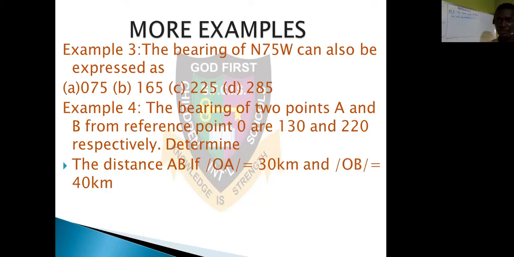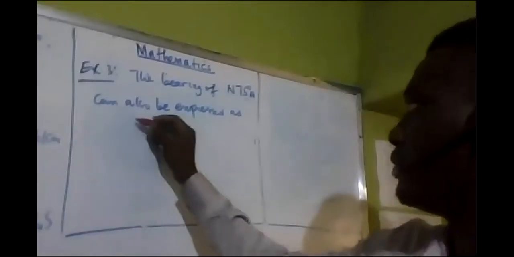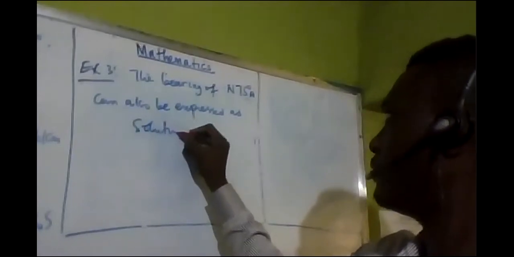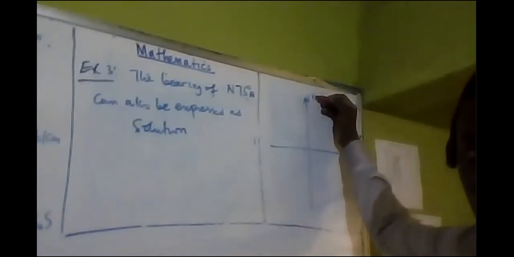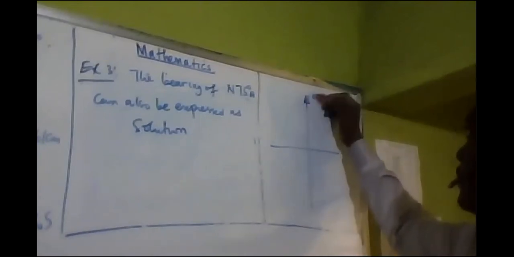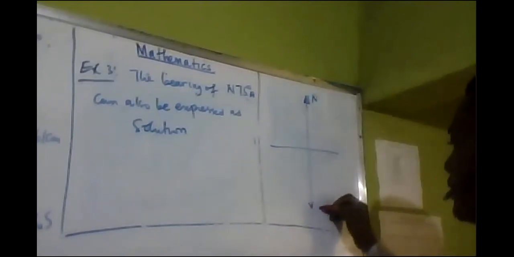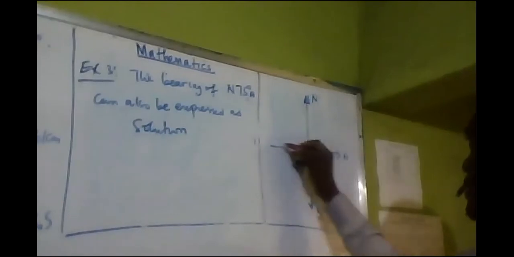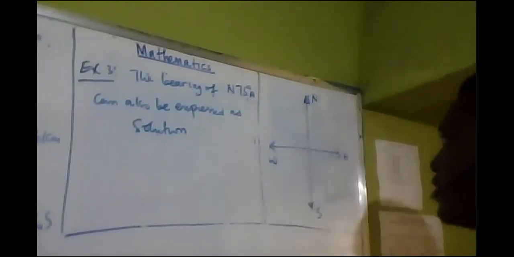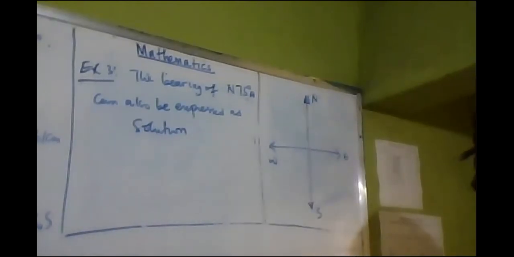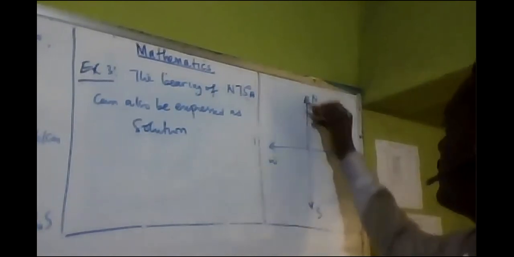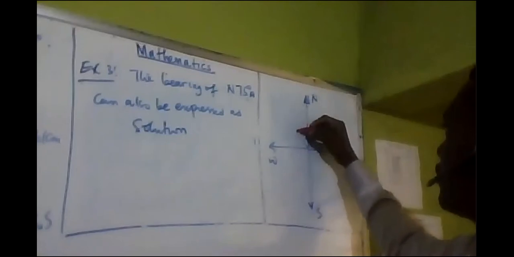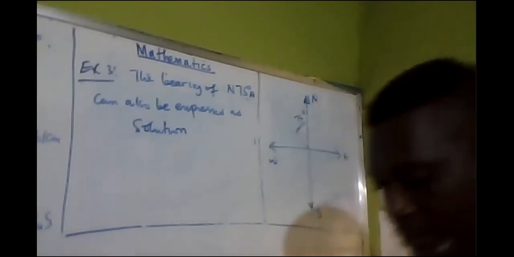Going back to the board, the solution. North, south, east, and west. North 75 degrees west is in the northwest. This is where it should stop, 75 degrees west.